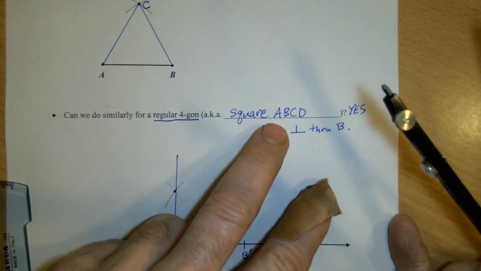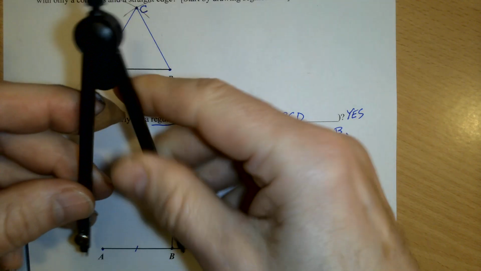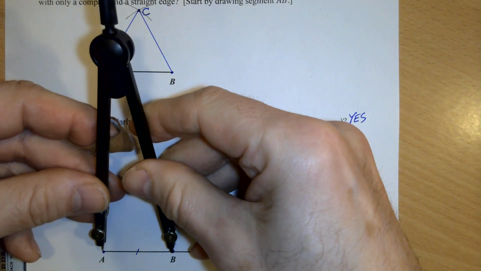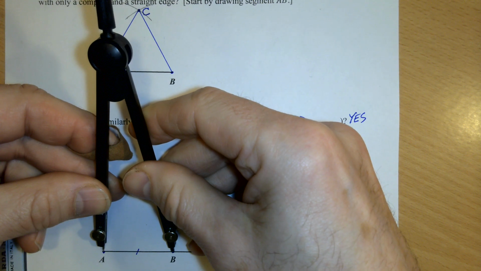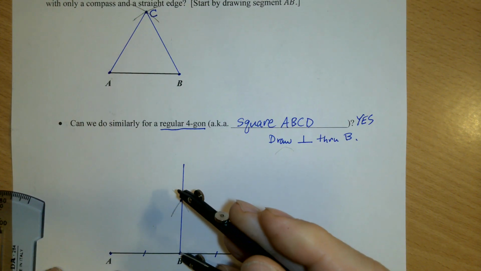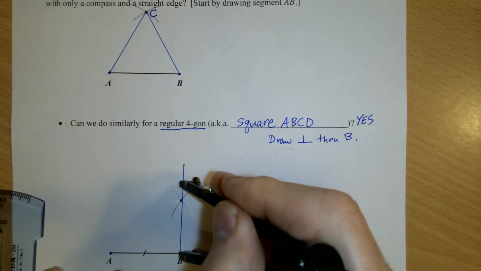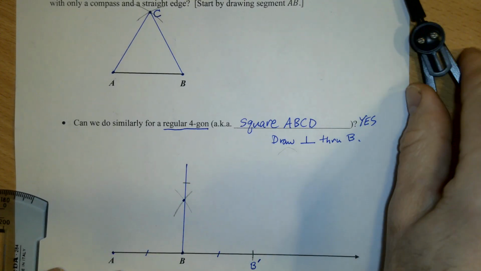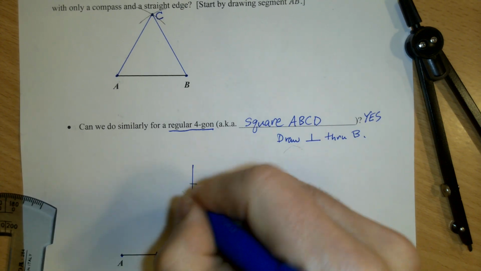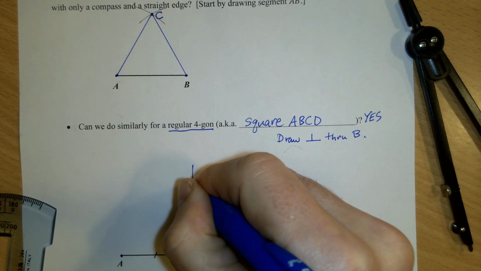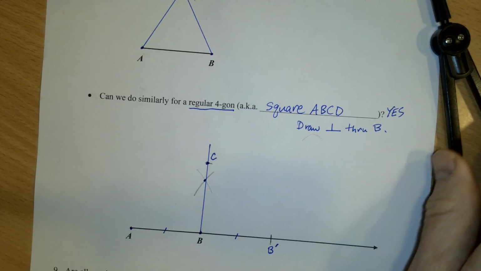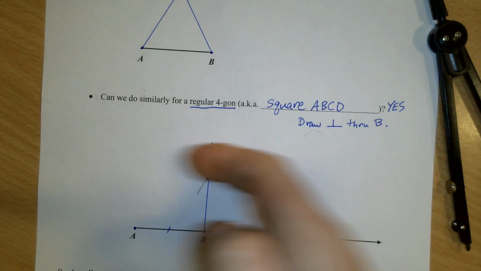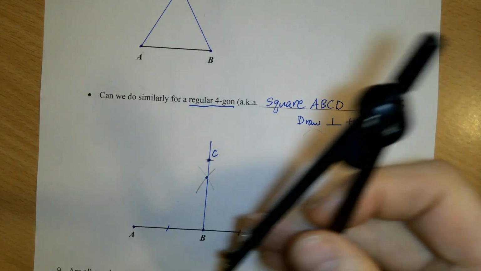Now we're going to find the third point by getting the distance from A to B on the compass, and then putting the mark on that perpendicular we just drew, right there. This point is our C. Now there are multiple ways to get that final point D. I could draw a perpendicular that way, but there's an easier way.